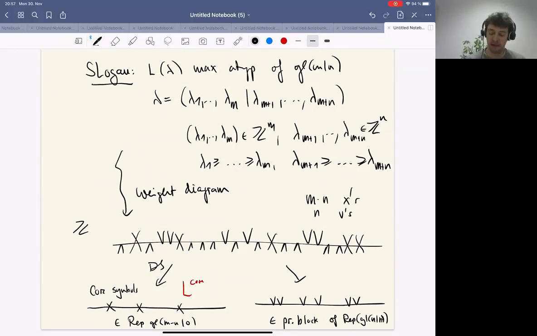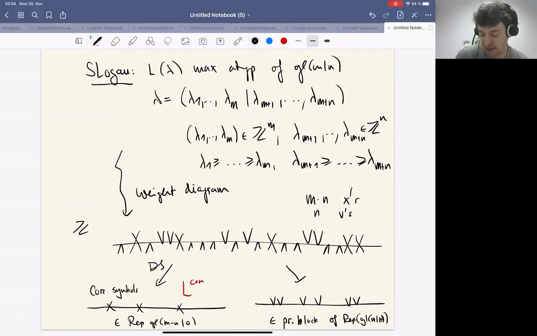And in fact, Serganova constructed certain explicit block equivalences. She proved that if you take a block of atypicality K, then it's equivalent to the principal block of GLKK. And so here in the maximal atypical case, you end up in the principal block of rep GLNN.